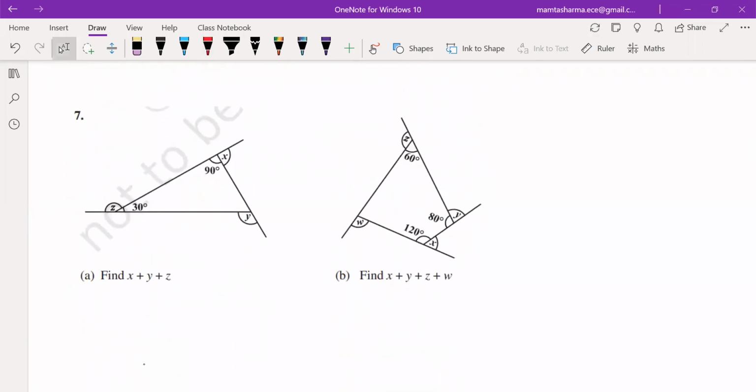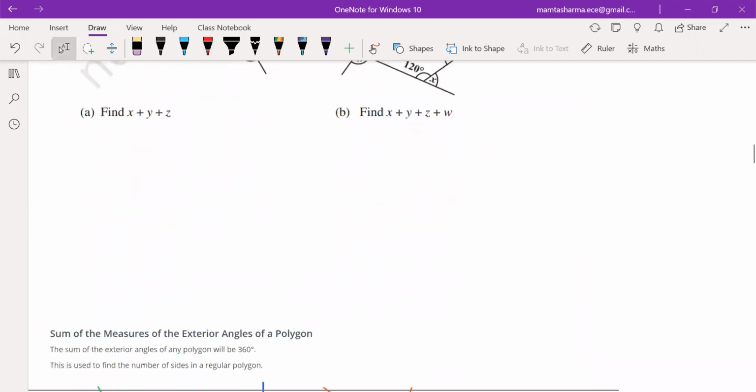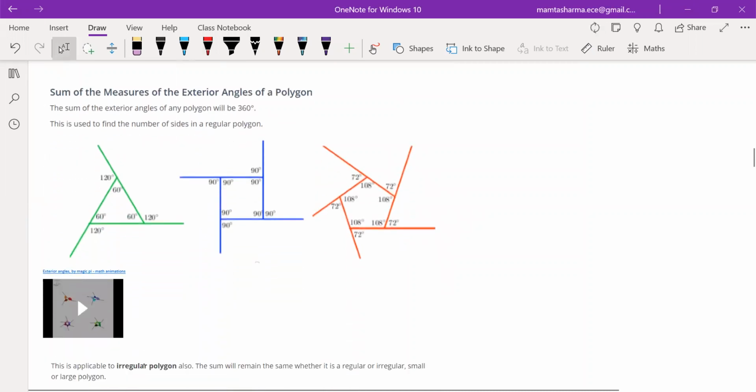Again here, it's the same thing. You have to find out the value of interior angles. Ma'am, should we try? No, don't do that now. Now we will see what an exterior angle is.